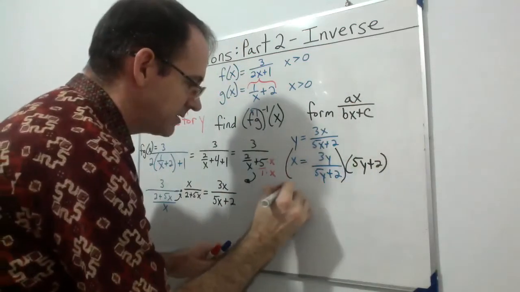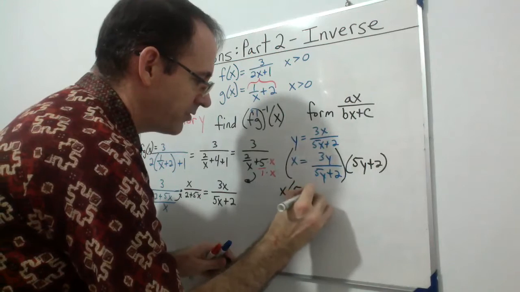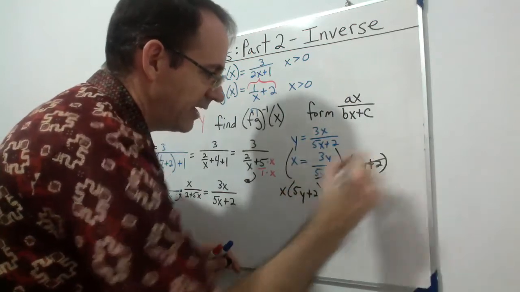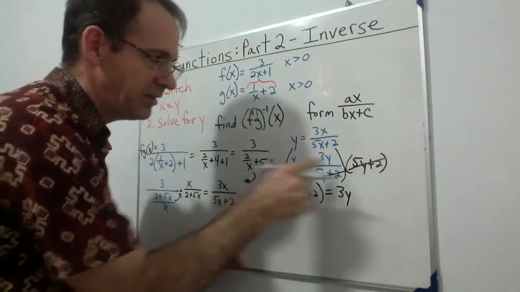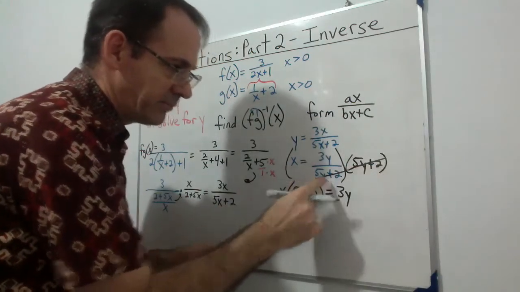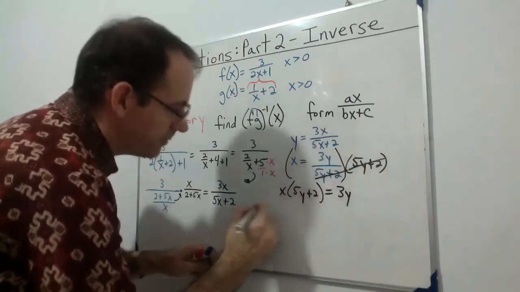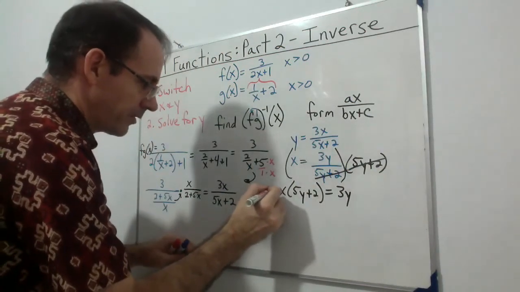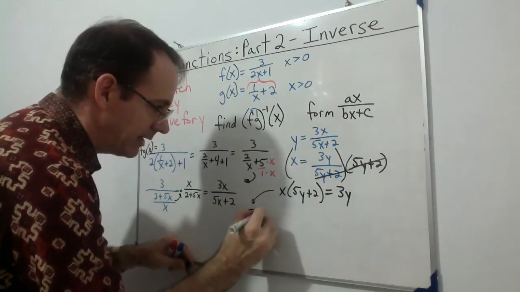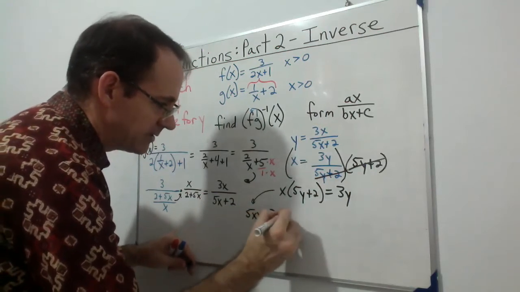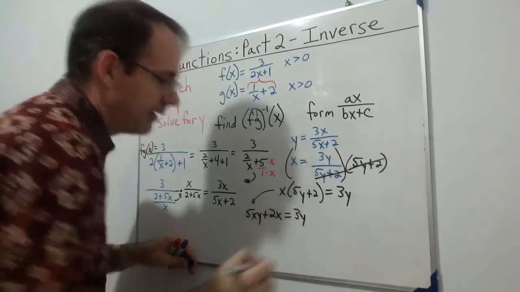So we have x times 5y plus 2 equals, this cancels, and you get 3y. Distribute, and we get 5xy plus 2x equals 3y.